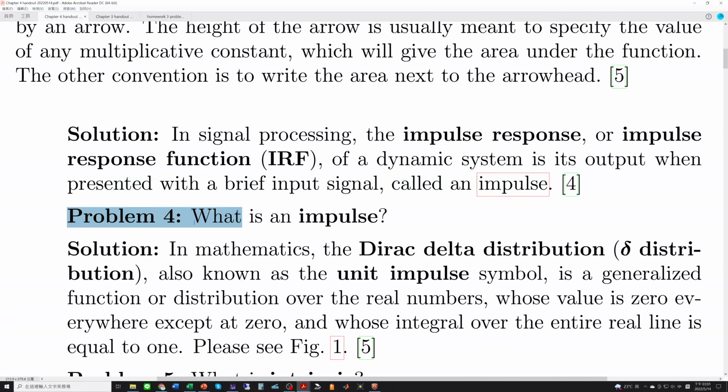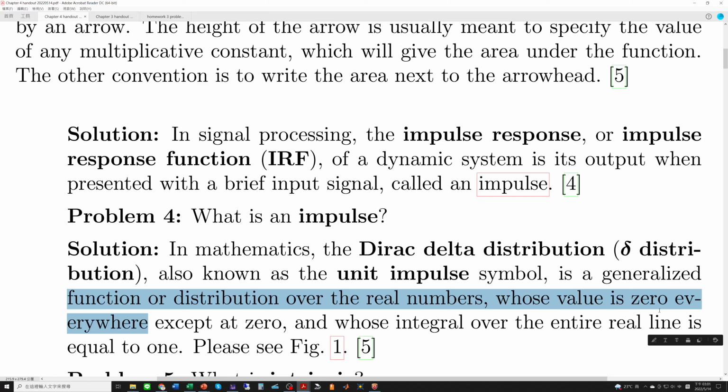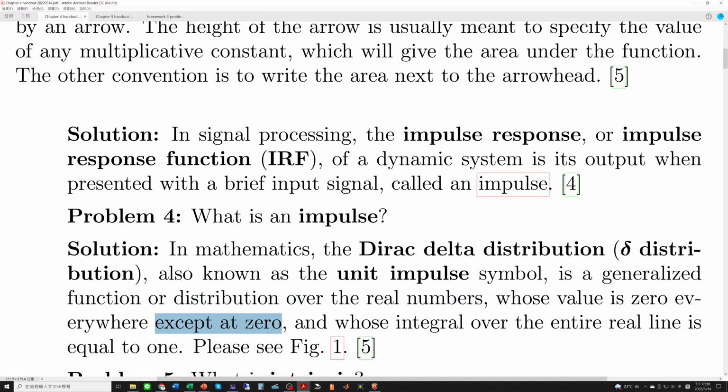Then problem 4. What is an impulse? Solution. In mathematics, the Dirac delta distribution, also known as the unit impulse symbol, is a generalized function or distribution over the real numbers whose value is 0 everywhere except at 0, and whose integral over the entire real line is equal to 1.